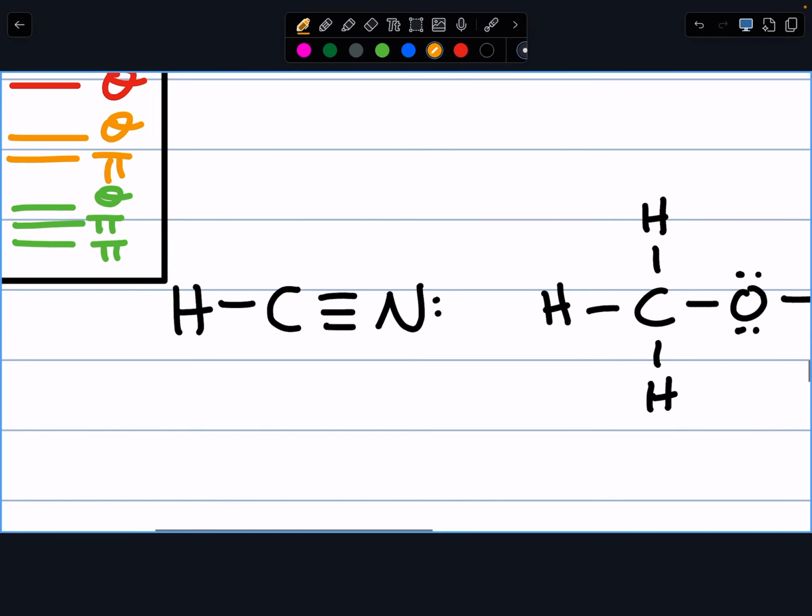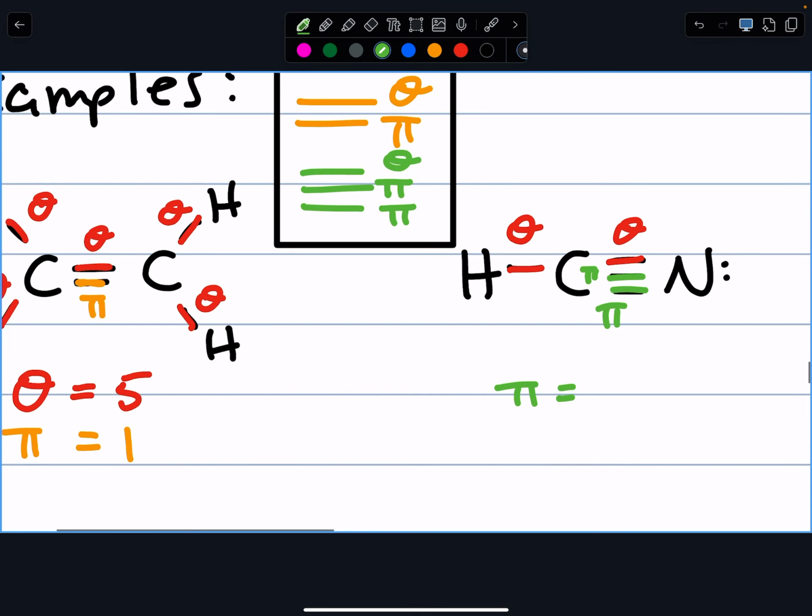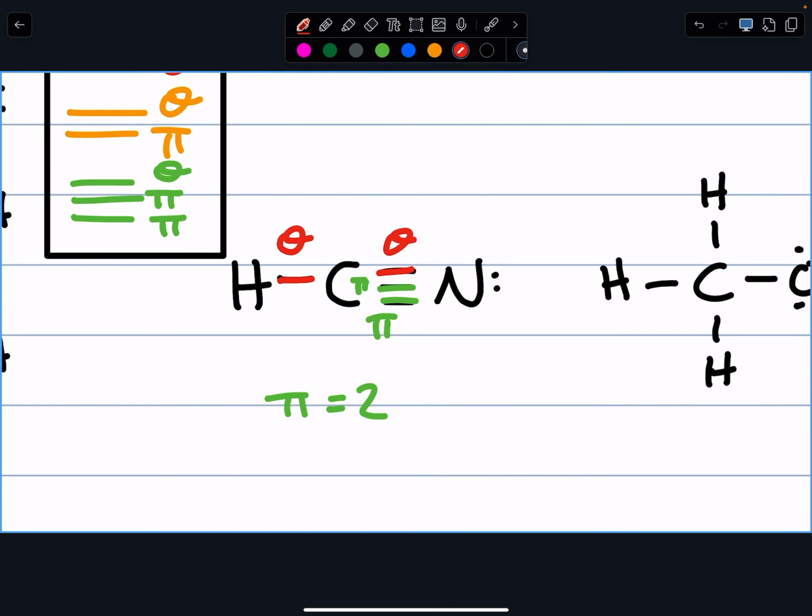Over here, a single one is what again? Sigma. And then triple contains a sigma and 2 pi's. So this guy has how many pi? 2. And how many sigma? Easy, right?